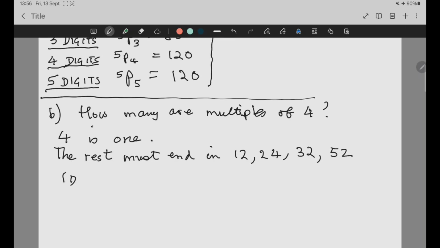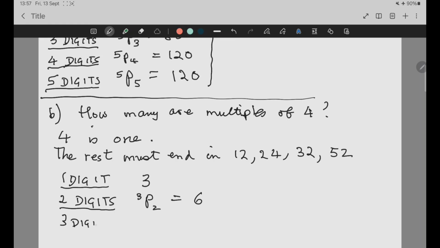So 1 digit, we just use 1 digit, will be 3 digits to spare, so that's 3. 2 digits will be the number of permutations of 2 objects out of 3, and that's 3p2, which is 6, and 3 digits in a similar way, 3p3, which is 6.